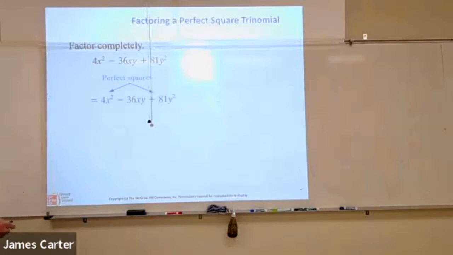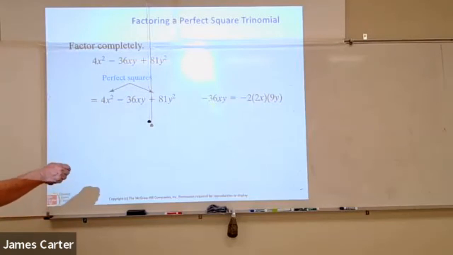Well, let's look at this. 36, the negative, okay? Because it's a negative there. And then the first term, if it's squared, then it would be 2x.